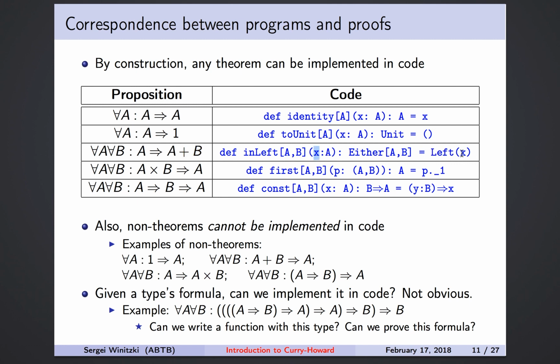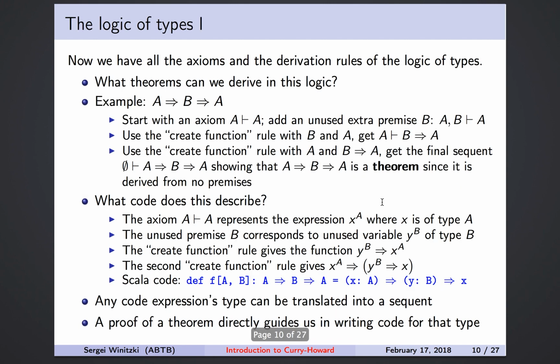We just take a left of x. And we get a value of the disjunction type. Similarly, for taking the first value out of a tuple, that's just using this. And this example we just saw how to derive that. In Scala we could write it like this, for example, one of the ways of writing it. Another way we're showing here. This is equivalent in Scala, just different syntax.